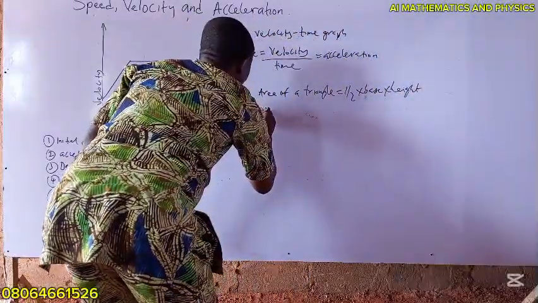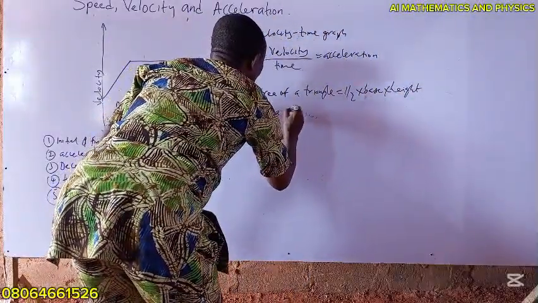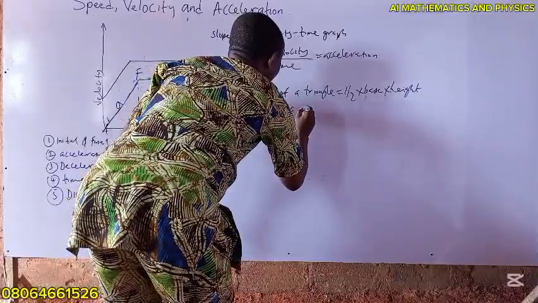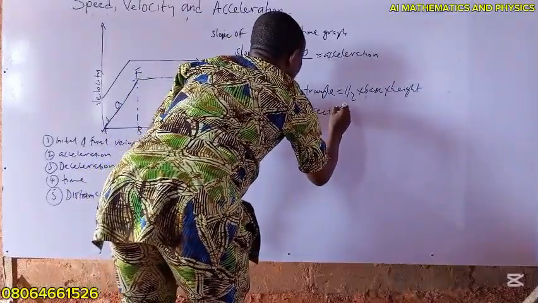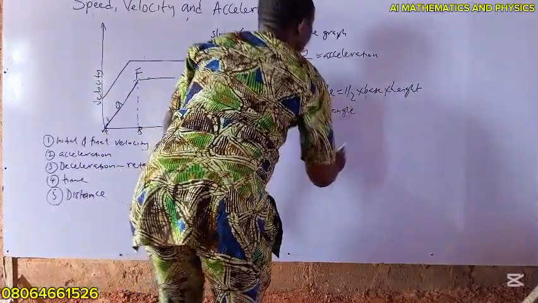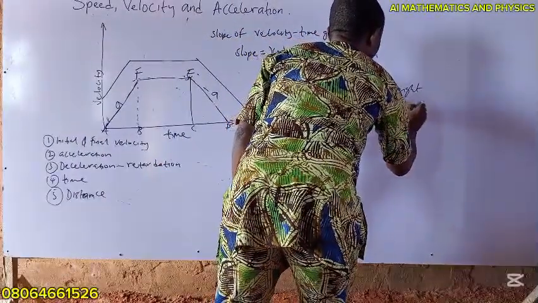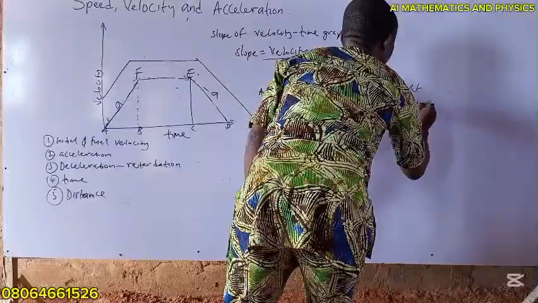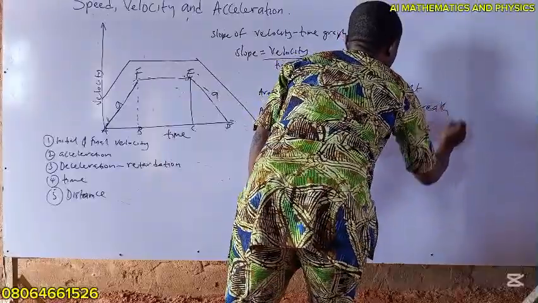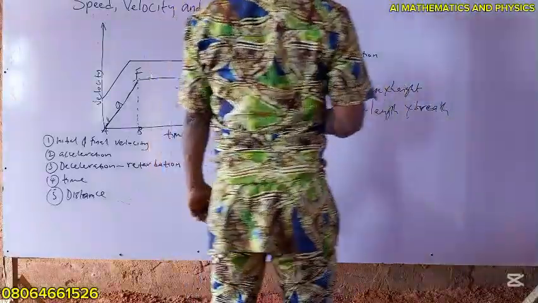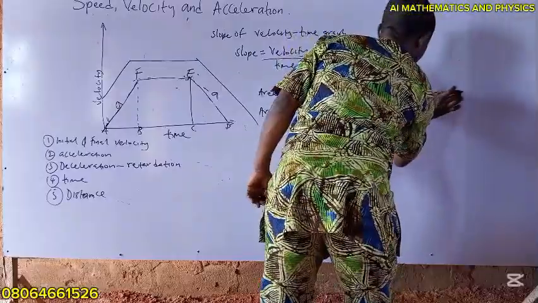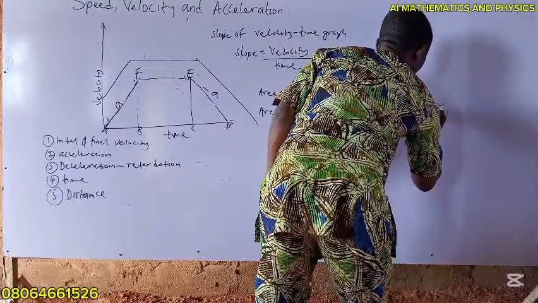Then the area of a rectangle, which is length times breadth. Let me write it very well.